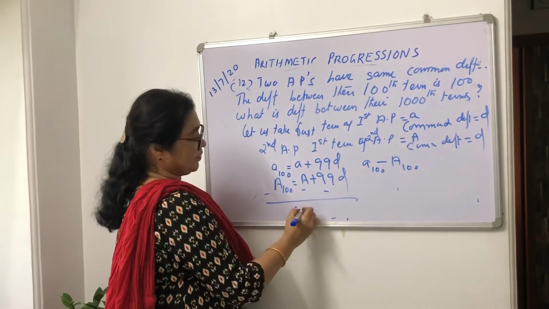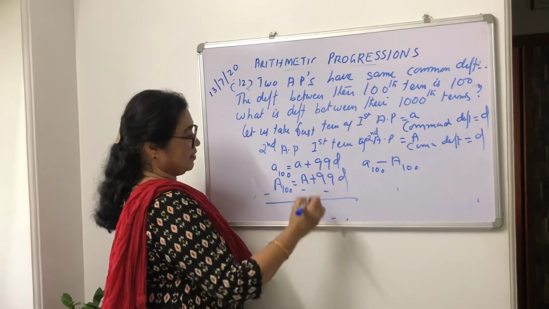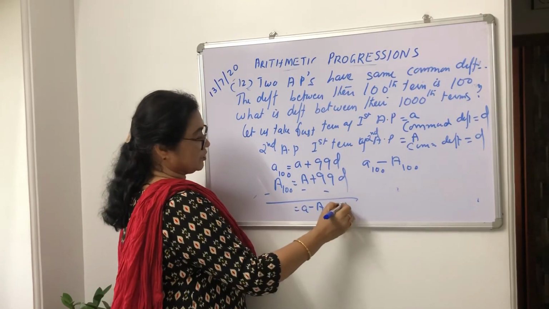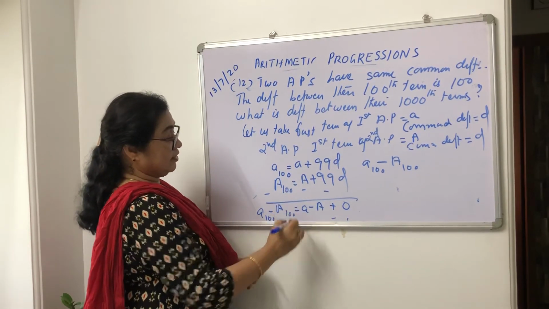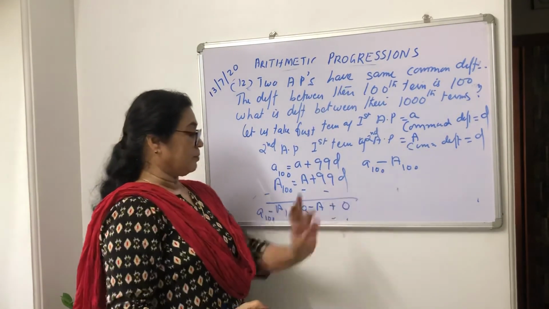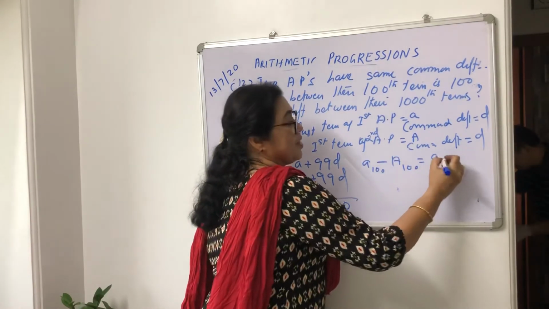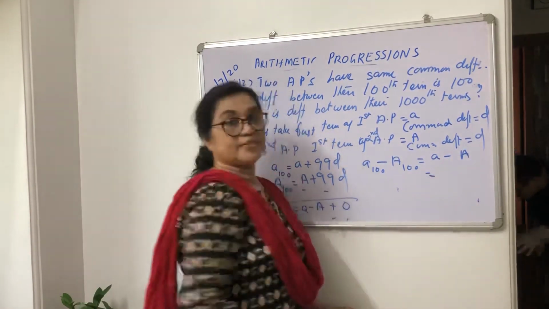Subtract: a_100 minus A_100. This will become a minus A, since the 99d terms become 0. So a_100 minus A_100 is a minus A. What is a minus A?